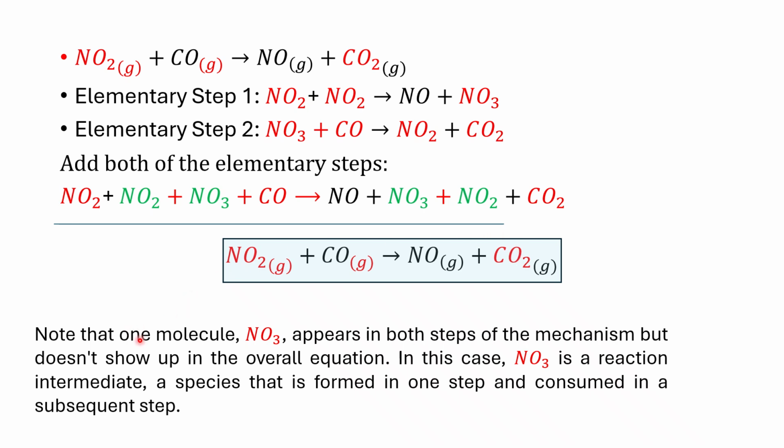Note that one molecule of nitrogen trioxide appears in both steps in the mechanism, but doesn't show up in the overall equation. In this case, nitrogen trioxide is a reaction intermediate, a species that is formed in one step and consumed in a subsequent step.